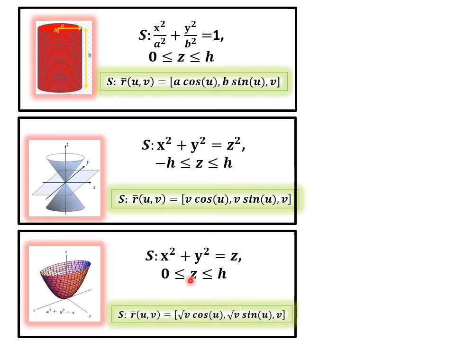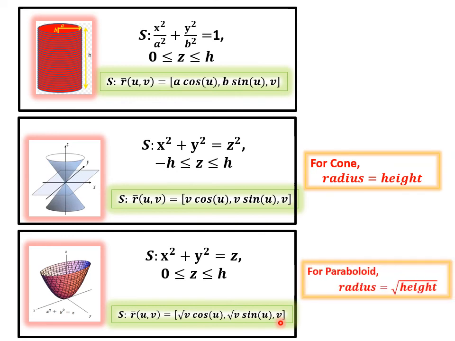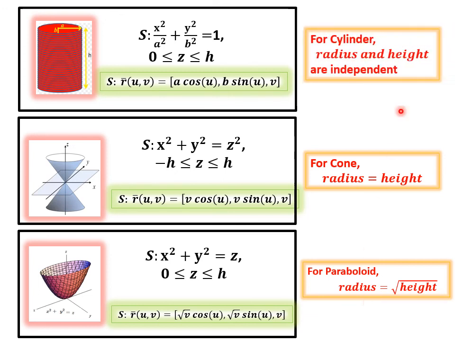In the cylindrical coordinate transformation, the radial distance is changed as root over the height variable. For cone, radius equal to height. For paraboloid, radius equal to root over height. For cylinder, radius and height are independent parameters. In all the three cases, angle theta or u varies from 0 to 2 pi, and the height is based on the given height of the surface.